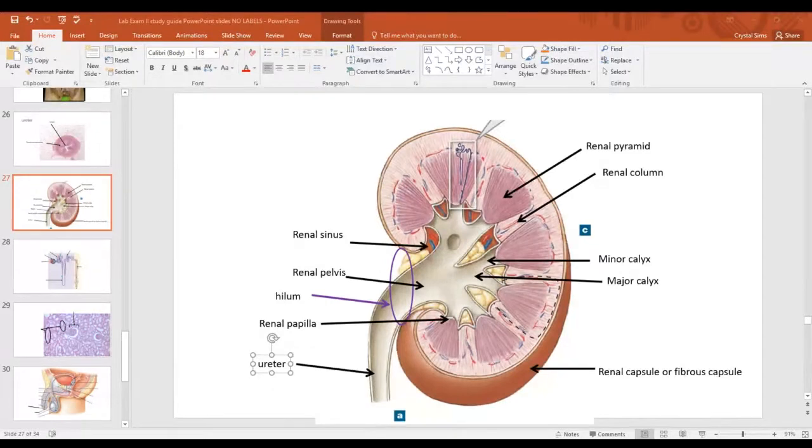Okay, and then my big structure here that's draining all of the calyces, yes, I've got my renal pelvis there. And then what is the purple structure, kind of where the circle is there?